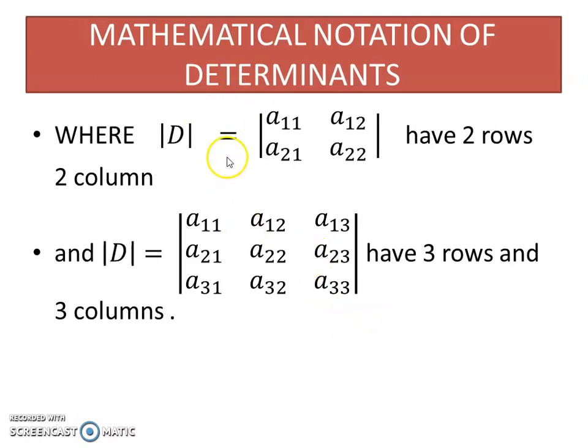Most probably, the mathematical notation of the determinant, as I told, is denoted by the bar bracket, also called the strip bracket, and it has two rows and two columns. The same thing applies to the 3 by 3 order determinant, which has 3 rows and 3 columns.